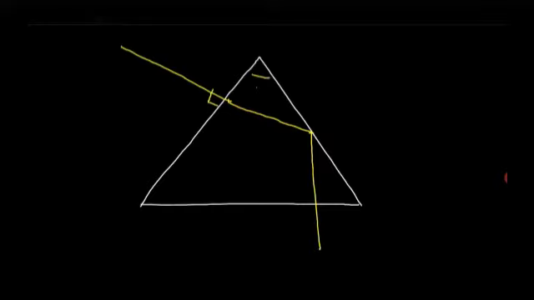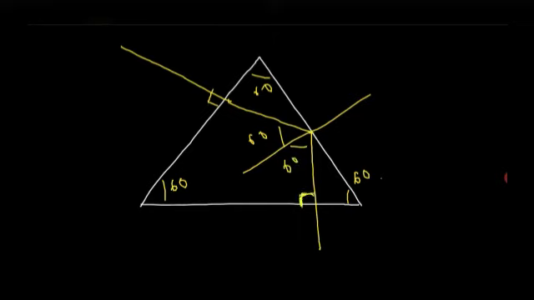So every angle here is 60, by the way, mind it. When a total internal reflection occurs in this case, this angle becomes 60, this angle is 60, and this angle is 90 degrees. Okay, this is for an equiangular prism.